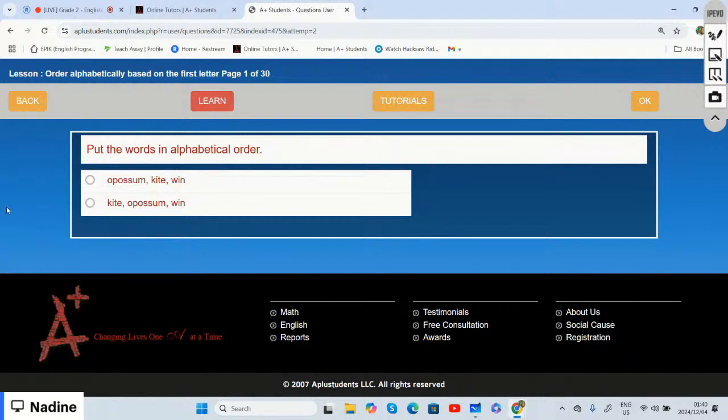So option one or option two, which one is correct? So we need to put it in alphabetical order. Is it option one or option two?